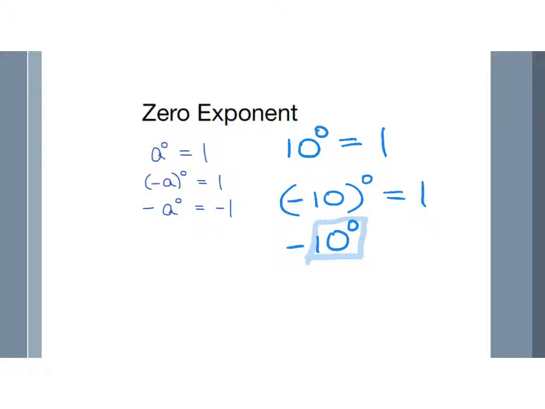So I would evaluate 10 to the 0 power. That would give me 1, but then this negative sign is going to fall down. Okay, so when there's no parentheses around a negative integer, the answer raised to the 0 power is going to be -1. So be careful with the negative integers. Okay, this is a tricky part of this. All right, let's try some examples.